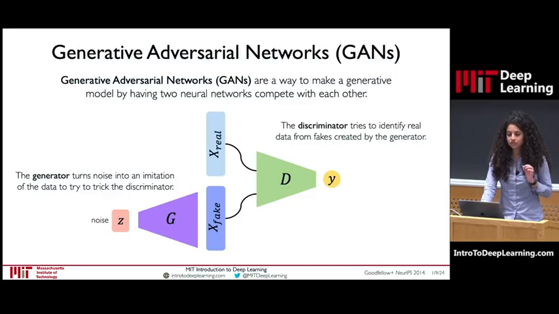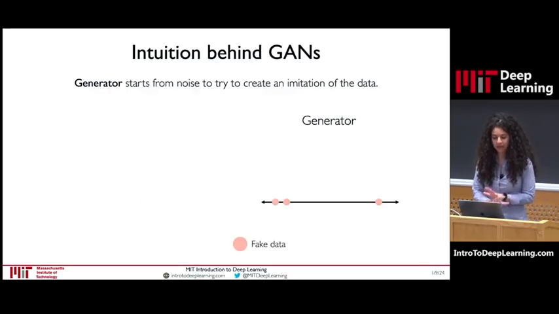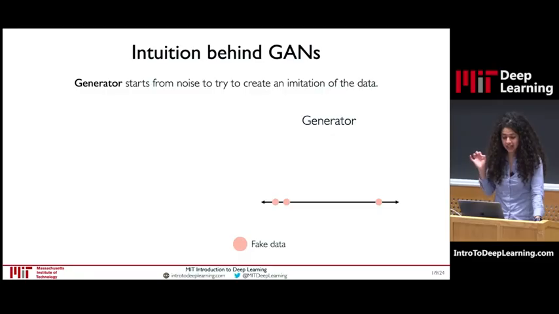And so to break down how this works, one of my absolute favorite illustrations, not only in this class, but ever, is as follows. And I think it gives hopefully a strong intuition behind how GANs work. So we're going to consider now points along this line. We have our generator here on the right. It's going to start from completely random noise and try to create an imitation of data.